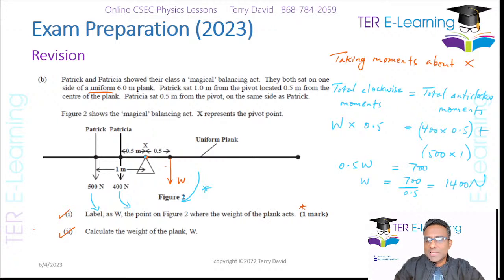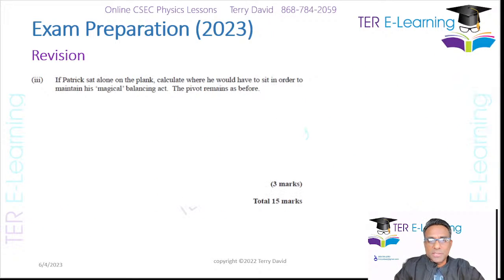All of these questions are taken from January 2014, so if you're trying to find it in the past papers, look for January 2014. If Patrick sat alone on the plank, calculate where he would have to sit in order to maintain his magical balancing act. The pivot remains as before. So let's see what's happening now.